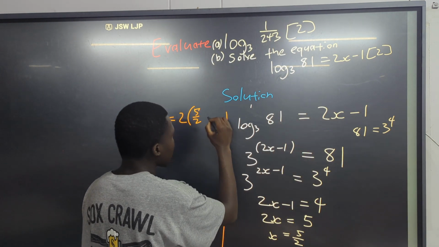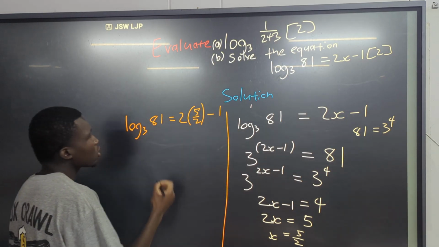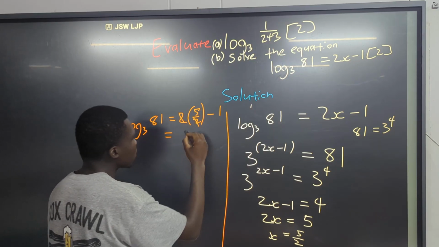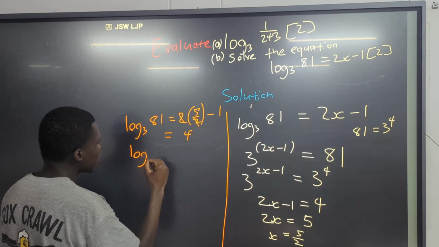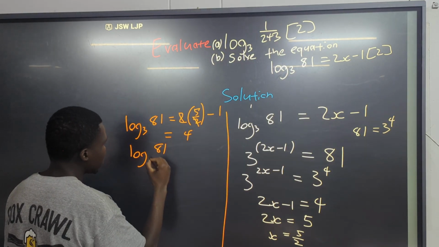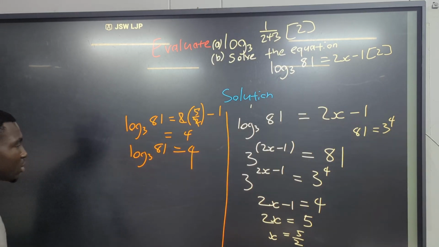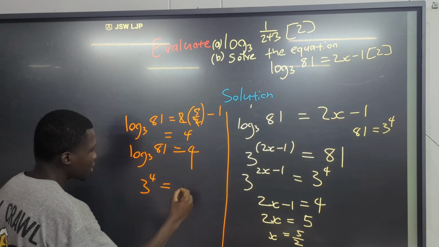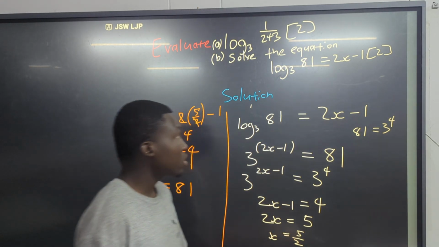If you multiply this, it's just 5 minus 1, which is 4. So log 81 base 3 is equal to 4, and this checks out because 3 to the power of 4 is equal to 81. So our solution for x was correct.